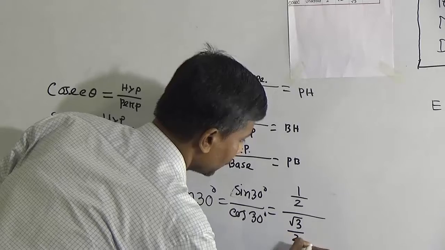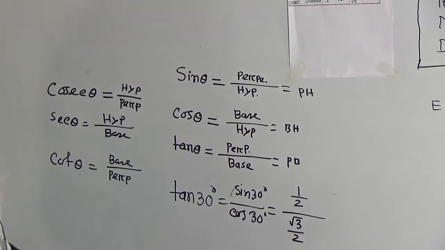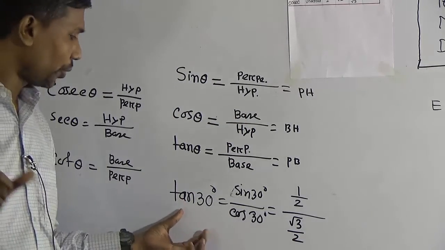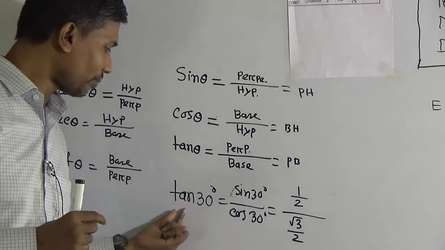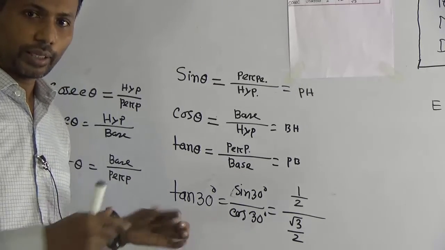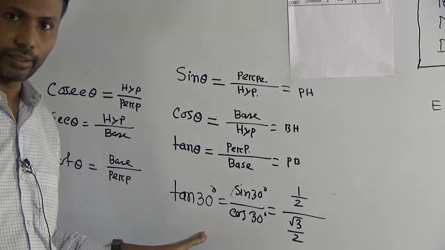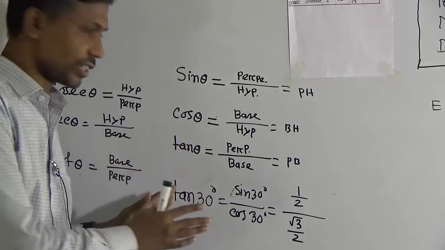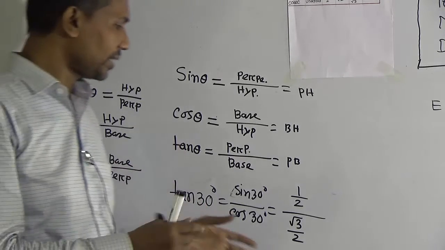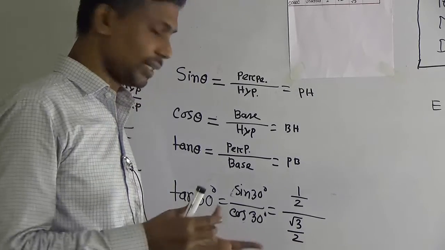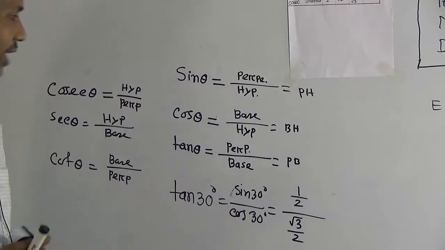Student, I don't know the value of tan 30 degree, but I use a technique here and determine the value of tan 30 degree. As this is the first time for you, it seems a little bit difficult, but if you practice, then this is very easy for you.